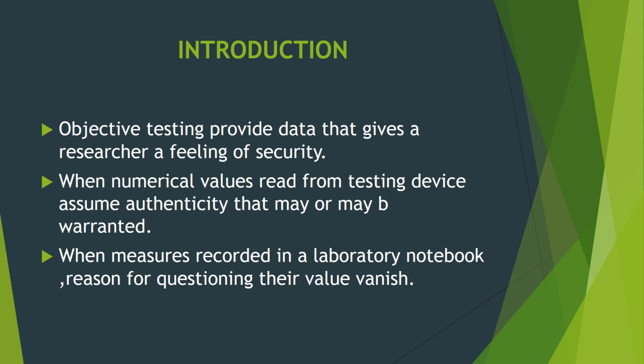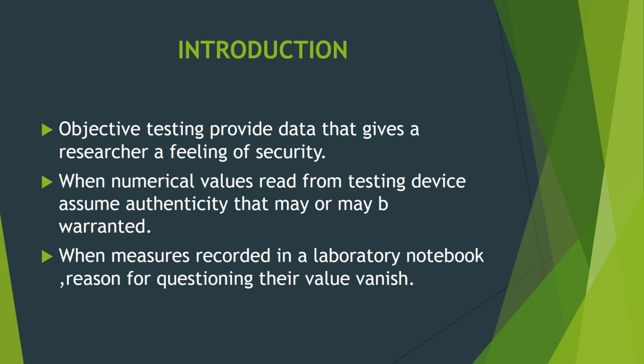For objective evaluation, the general guidelines are, as we all know, that objective evaluation will always give the researcher a feeling of security. Why does the researcher feel secure? Because the data that the researcher is extracting is from a device which has some authenticity. While in sensory evaluation, since it depends totally on the human senses, the results may vary.